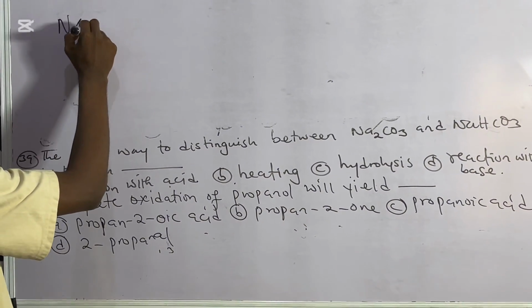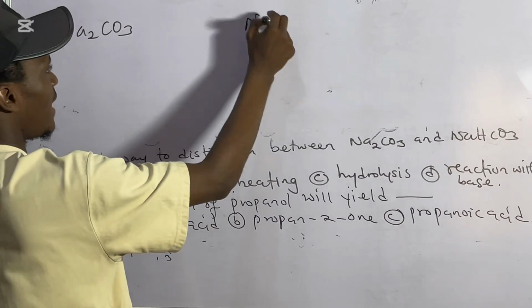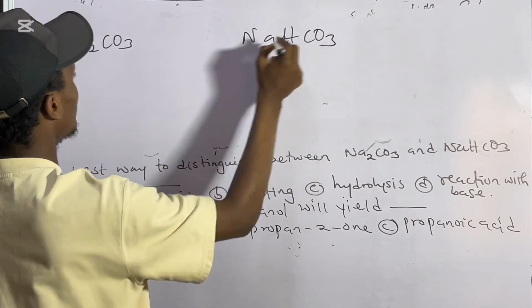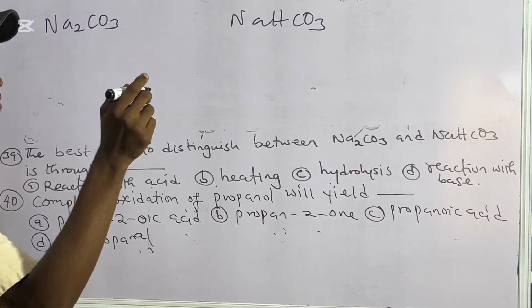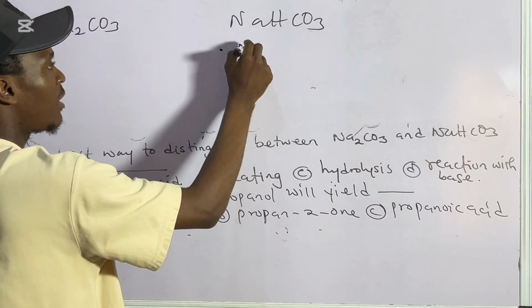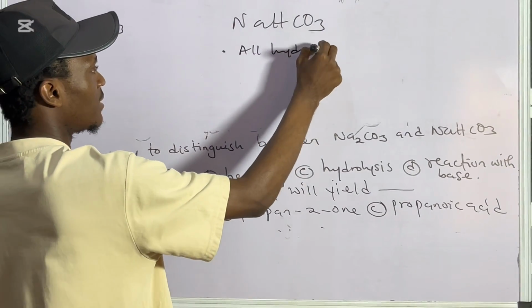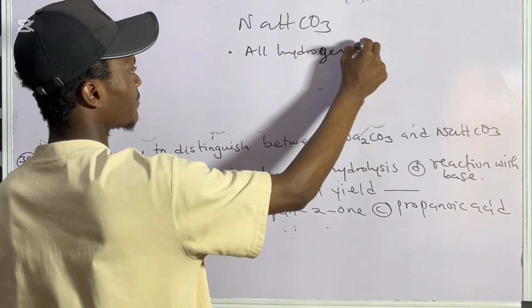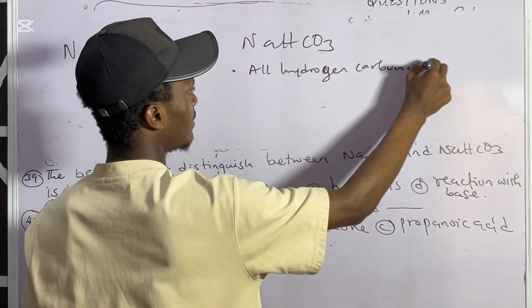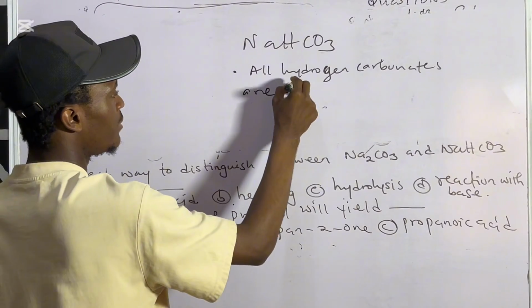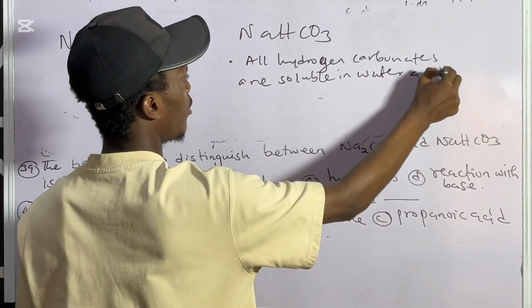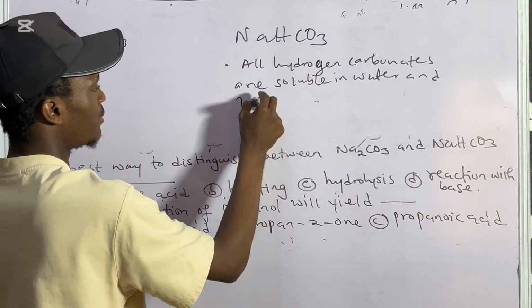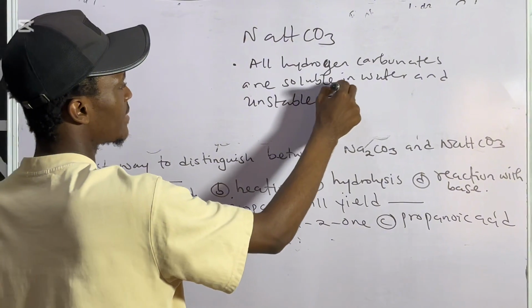Firstly, Na2CO3 and NaHCO3. This is called sodium carbonate, while this is sodium hydrogen carbonate. Now, there is something you need to take note of. All hydrogen carbonates are soluble in water and unstable to heat.